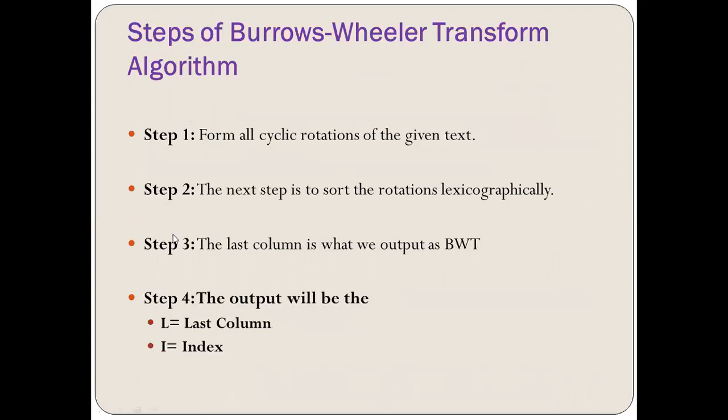Now let's see what steps we need to follow for the BWT. We are mainly going to follow 3 steps. We have an algorithm, but I have written it in a simpler form. First, we are going to form the cyclic rotations of the given text. Whatever the text or sequence is given to encode, that text is to be taken in the form of cyclic rotations.